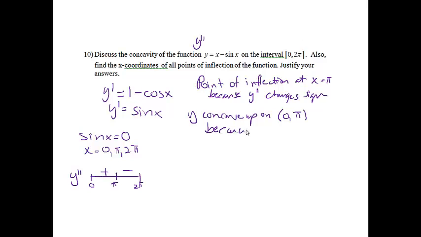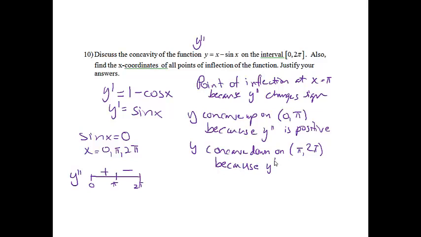And this will be because y double prime is positive, and y is concave down on the interval pi to 2 pi, and that is because y double prime is negative. And please notice again, I was referring to y and y prime and y double prime instead of f because they're talking about y in the equation.